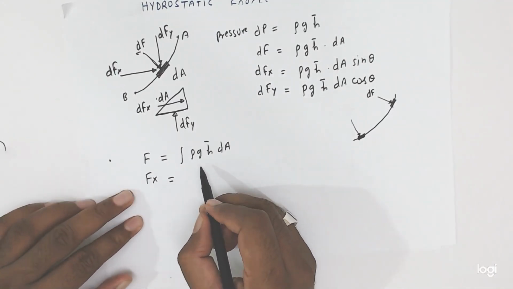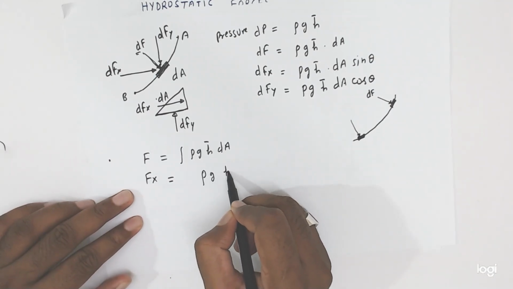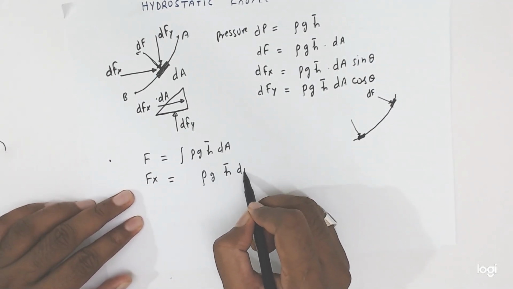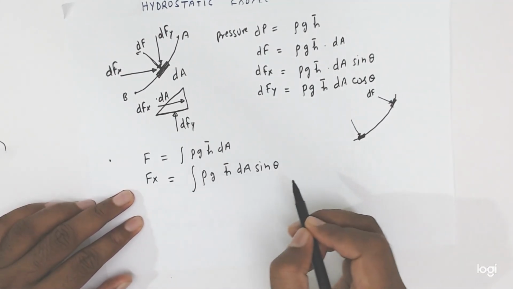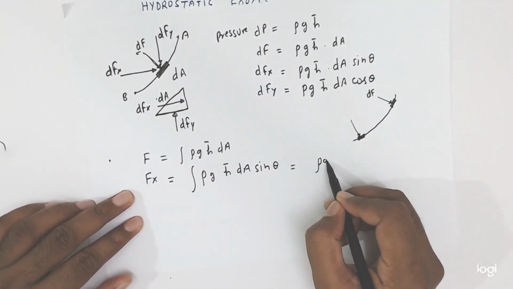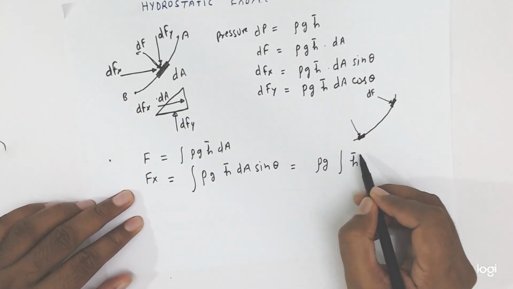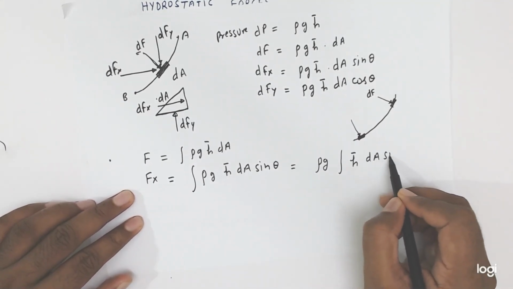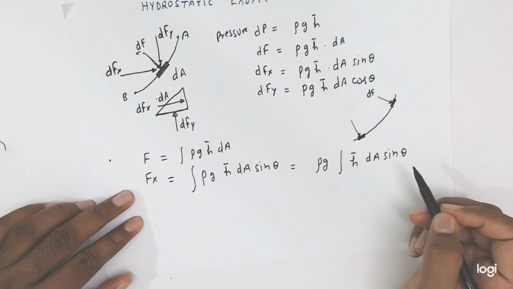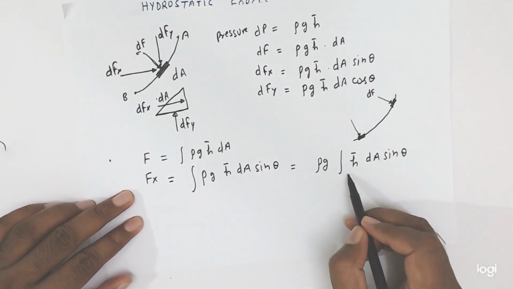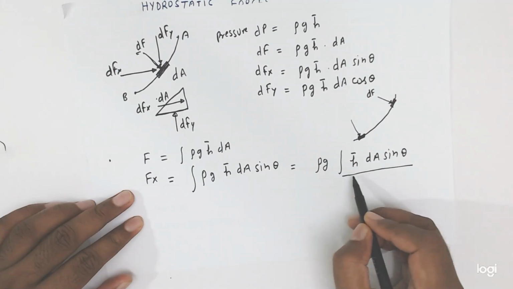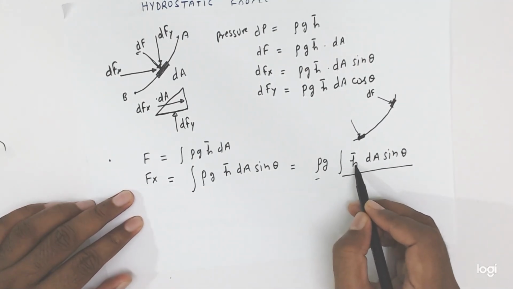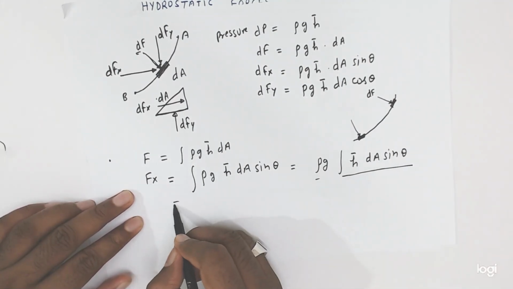Fx is equal to the integration of rho g h bar dA sin theta, or since rho g is constant, rho g times the integration of h bar dA sin theta.